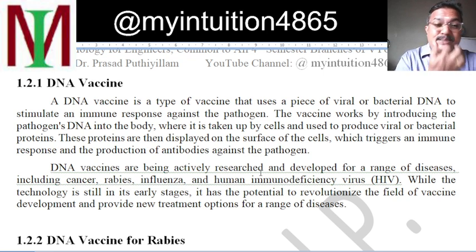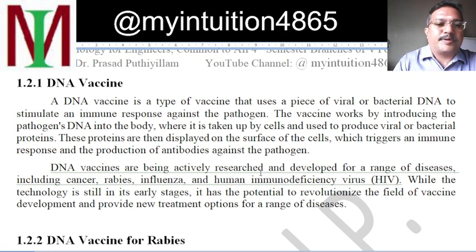Why is DNA so important nowadays? DNA is always important because it is also used in producing vaccines. Many diseases like cancer, rabies, influenza, HIV, etc., can be cured with vaccines which are produced using the DNA of the virus or the bacteria which causes that particular disease. We have to take a piece of that virus or bacterial DNA and extract the pure form of that DNA.